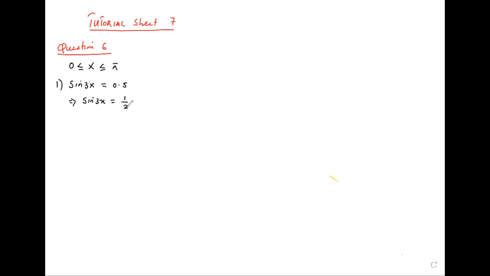But we know that if we let theta be equal to 3x, then we'll deal with sine theta is equal to half. But we know that for angles between 0 and pi, the angle that gives us half for sine is 30. So theta is equal to 30, meaning pi over 6.